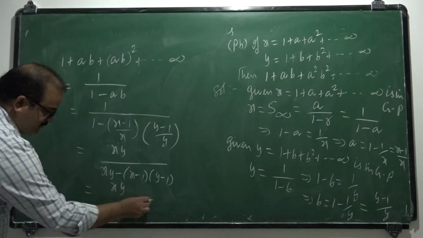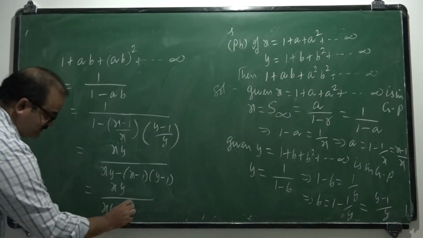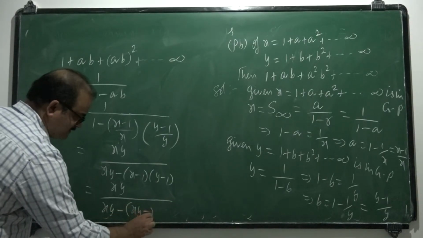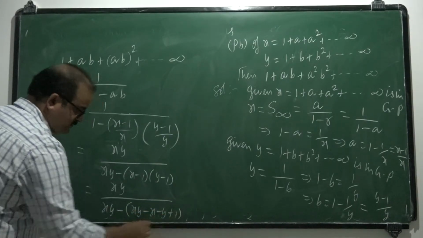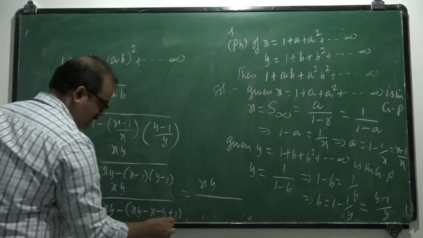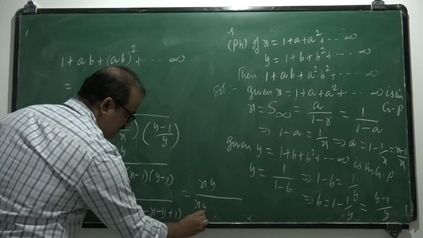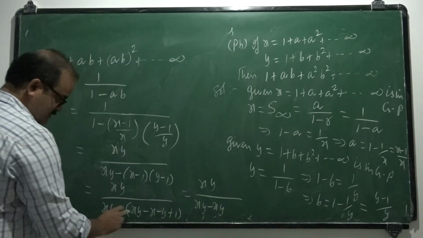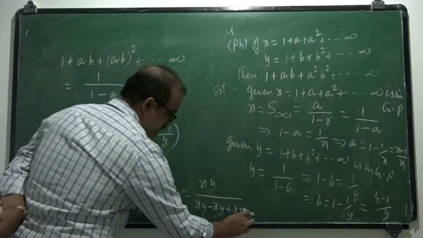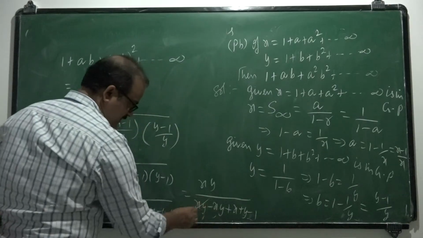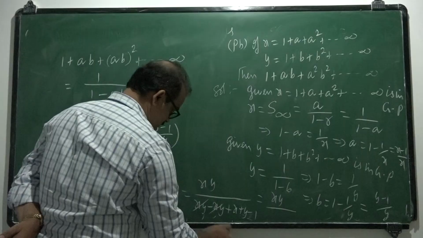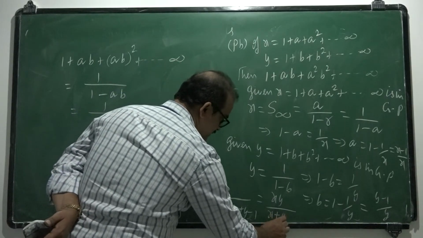This is xy by xy minus, multiplying these two, xy minus x minus y plus 1. Take this minus into the bracket: xy by xy minus xy plus x plus y minus 1. xy cancels. So this is xy by x plus y minus 1.